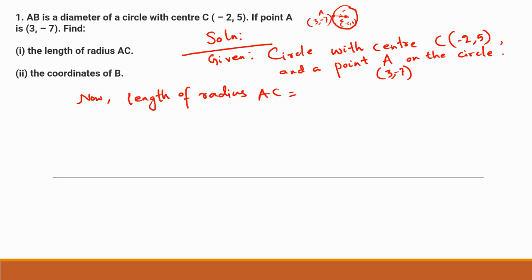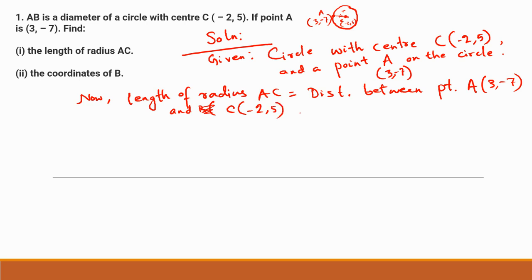So length of radius AC equals the distance between point A, 3 comma minus 7, and C, which is the center, minus 2 comma 5. So what will be the distance between these 2 points?